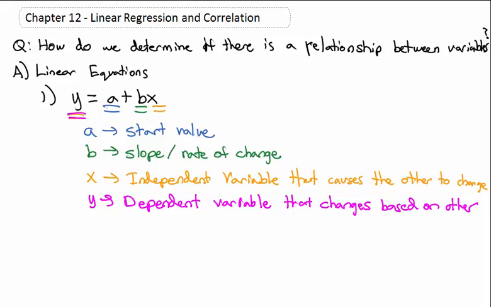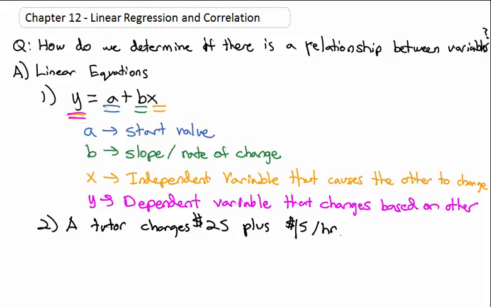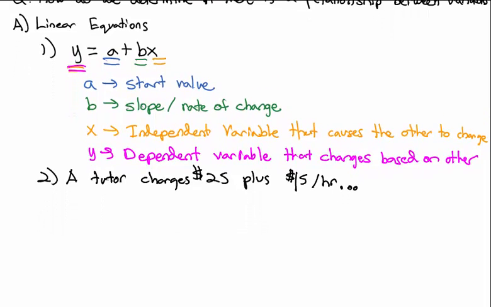So, for example, if a tutor charges her students $25 plus $15 per hour, we would say the independent variable is going to be the hours worked.